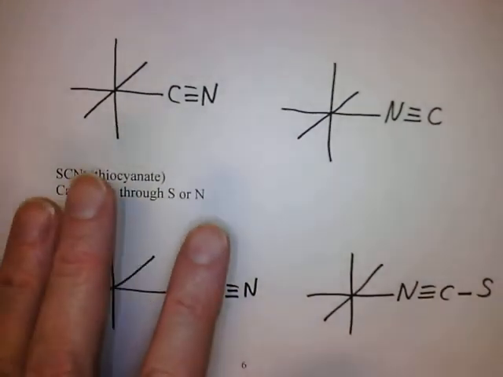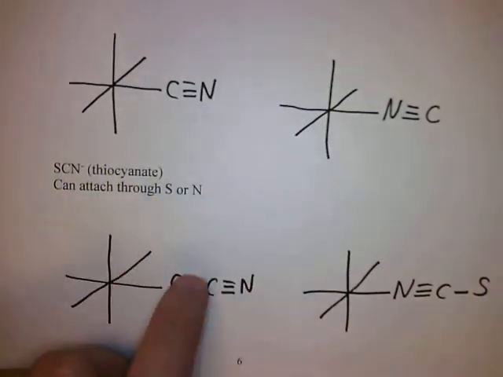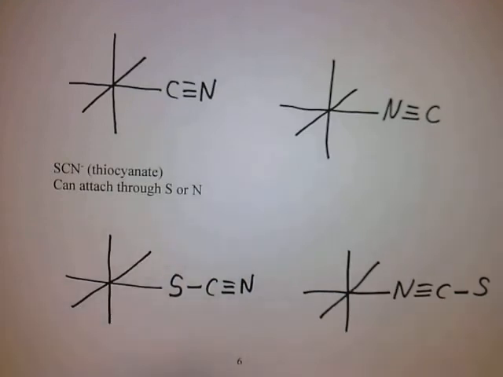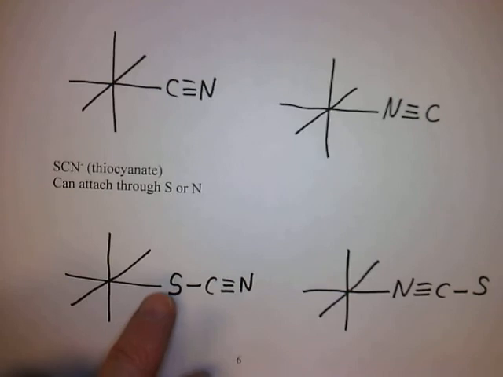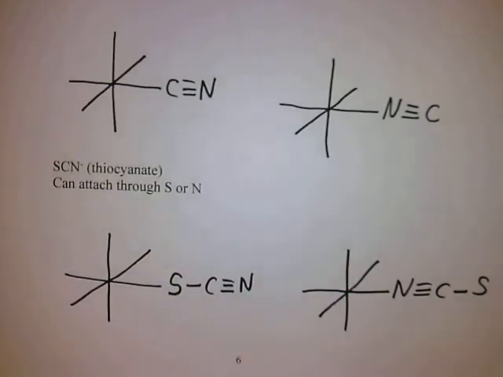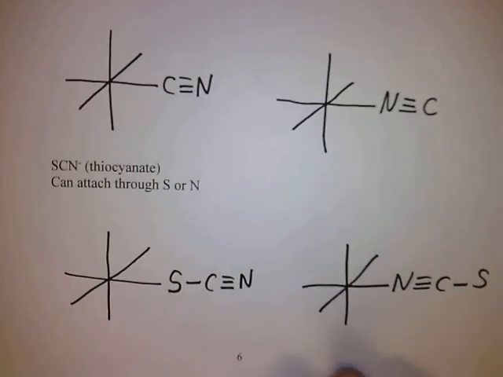Thiocyanate. Okay. Here's still another one. All right. It has unshared pairs on the sulfur and the nitrogen. It can bind through the sulfur, or it can bind through the nitrogen. All right. So we've gone over a little bit here. So what are coordination compounds?